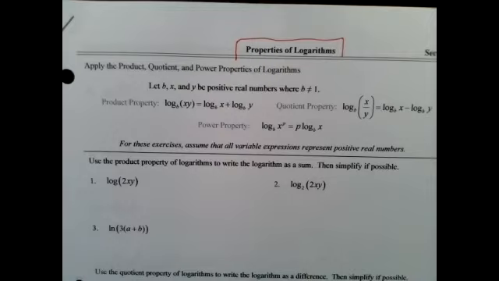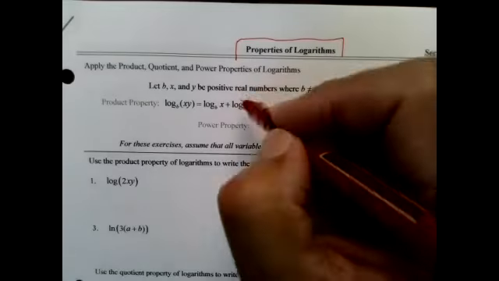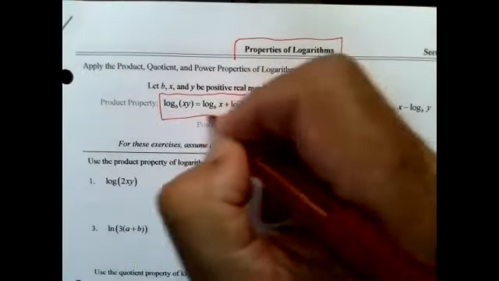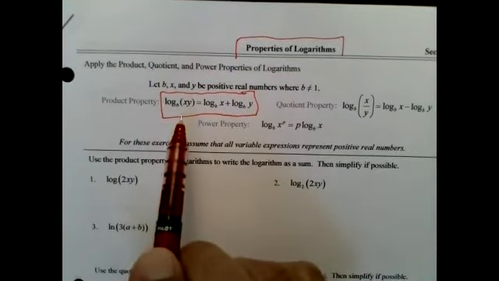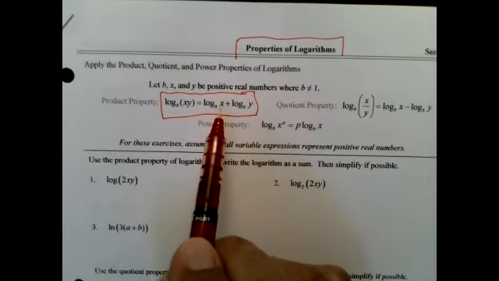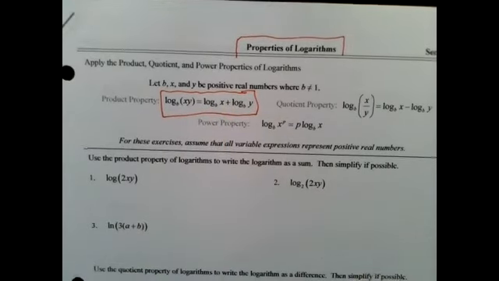And you saw how math being a sister or a partner discipline, we learn the basics and then you apply it to another course you may have. But we have 3 properties here. First one is called the product. Okay. The log of a product equals log of the first plus log of the second.